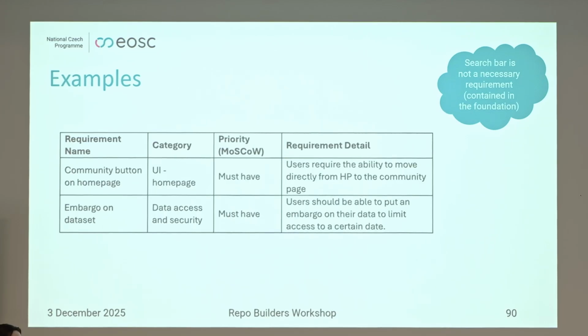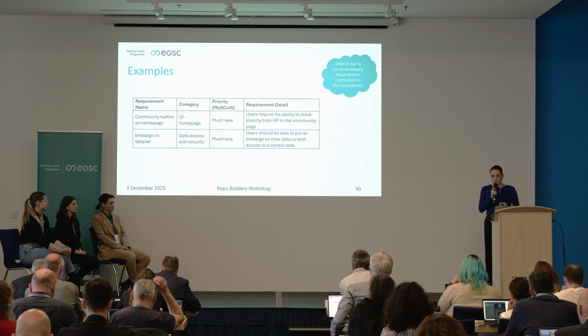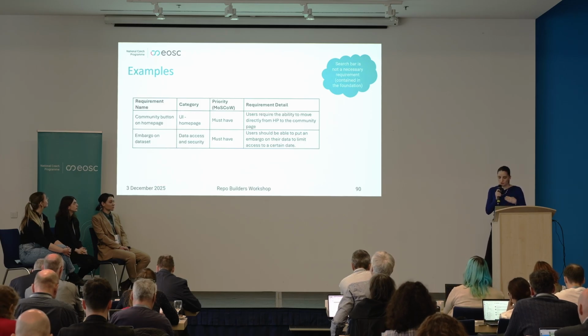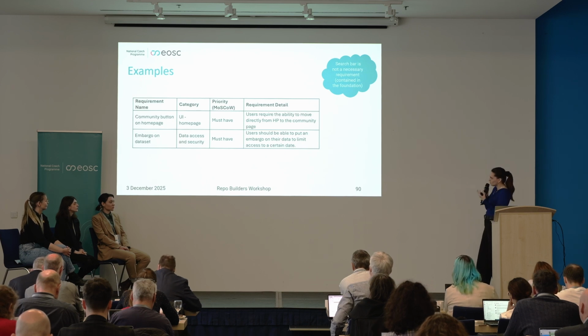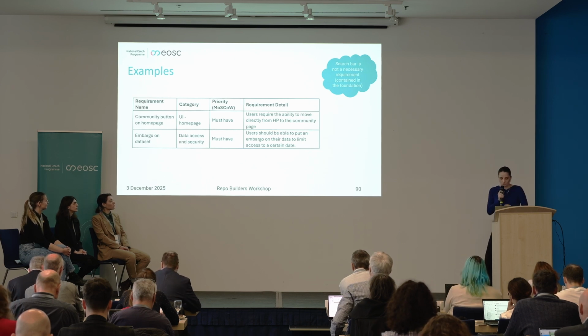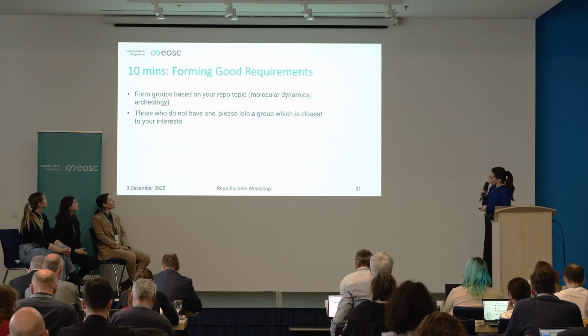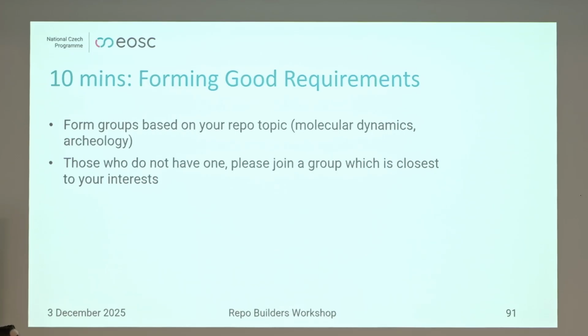If it's a must-have, or if it's something nice to have, or if it's just something additional or a low priority. And try to really describe it so people can understand what you mean. And to make it specific, that's something we will do now.